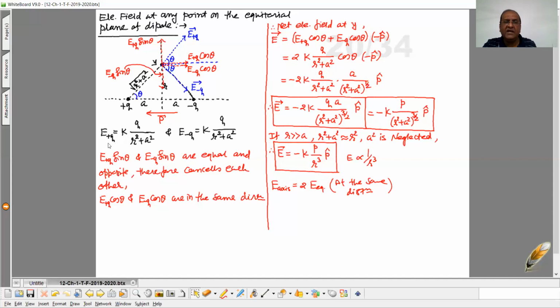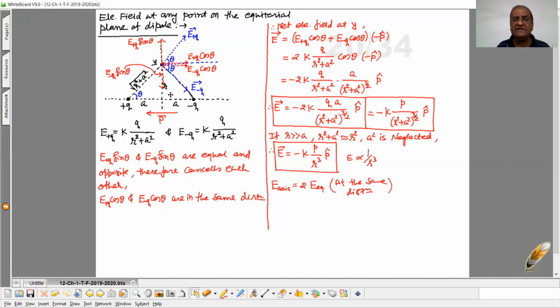But see here, magnitude wise E plus q and E minus q are both the same. It implies that E plus q sine theta and E minus q sine theta, which are equal in magnitude and opposite in direction, will cancel each other.